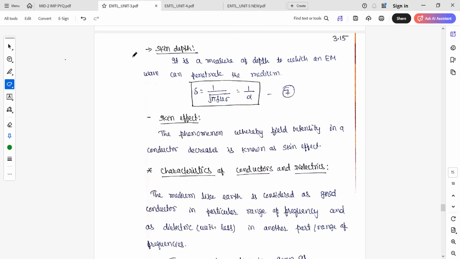This can sometimes be a numerical on this basis, or simply a question like define skin depth. So you should write the definition as well as the expression here.